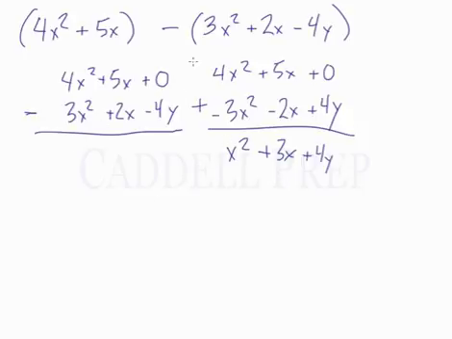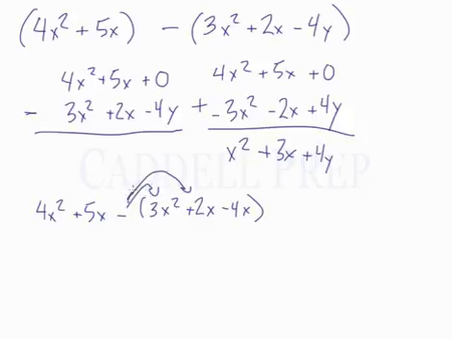Alright, let's try this horizontally now. 4x squared plus 5x minus 3x squared plus 2x minus 4y. Okay, we have to distribute this. So we have 4x squared plus 5x.